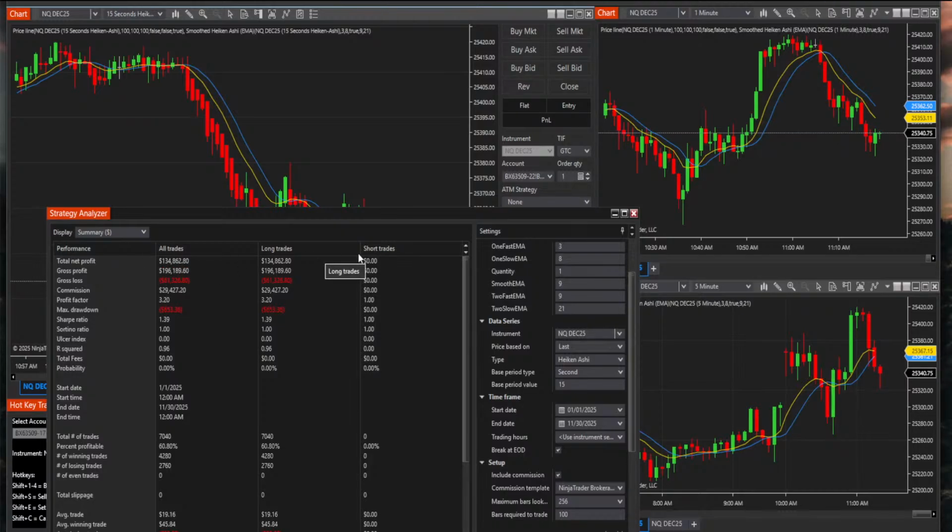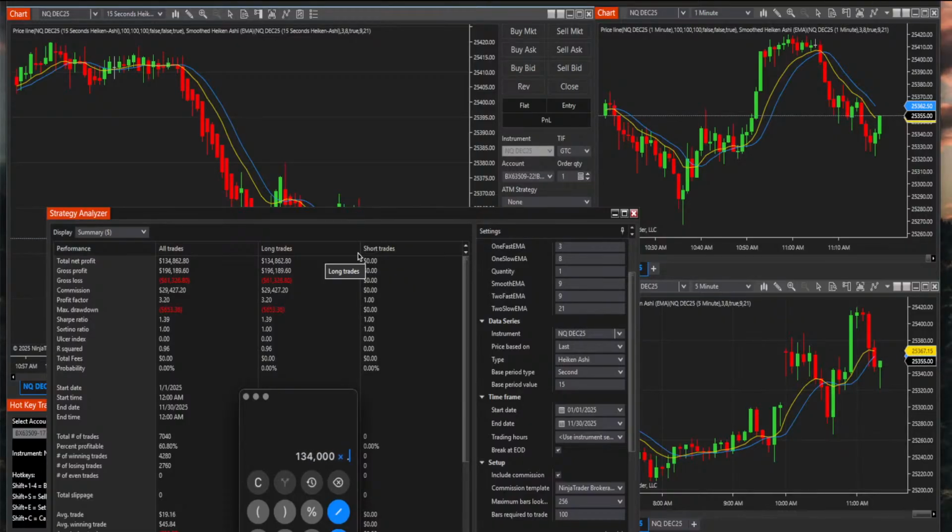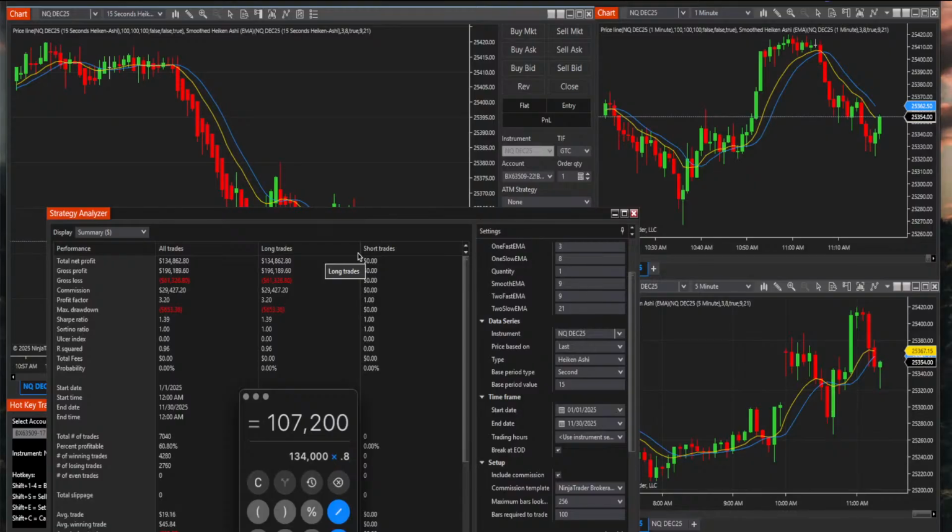Even if the backtest was only 80% correct compared to a live market, you're looking at 134,000 after commissions times 80. You're still looking at 107,000.